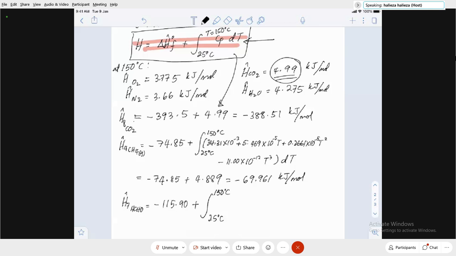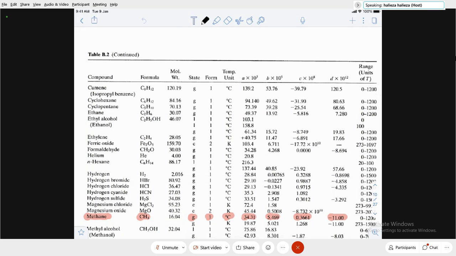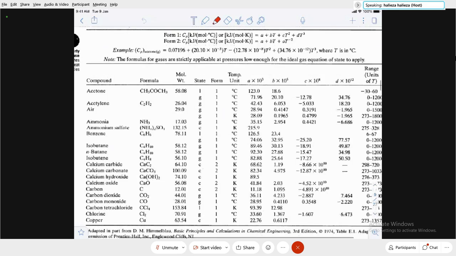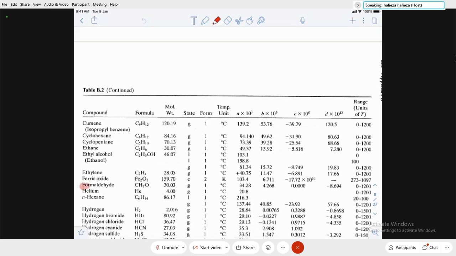So let's go back to the appendix. Formaldehyde. So where is formaldehyde? That's M. So I need to look up for F. There you are. That's formaldehyde. So it's gas. Equation 1. We see that's your coefficients. There's a 0 there, so I need to write that down as I need to remember.